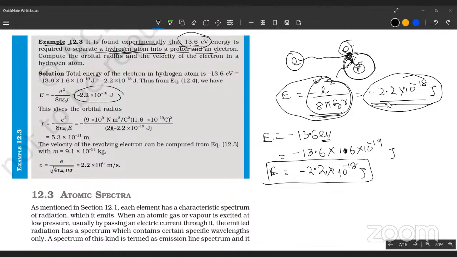Compute the orbital radius and velocity of the electron in a hydrogen atom. So we have to find the radius, and we have to find the velocity. For the radius, simply you can put the energy here. If we simplify this, you can easily get the radius.